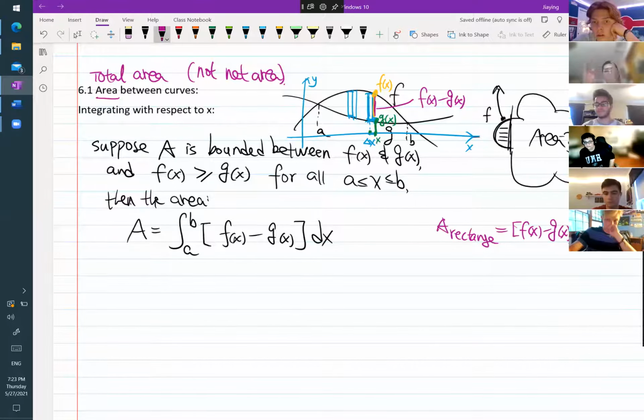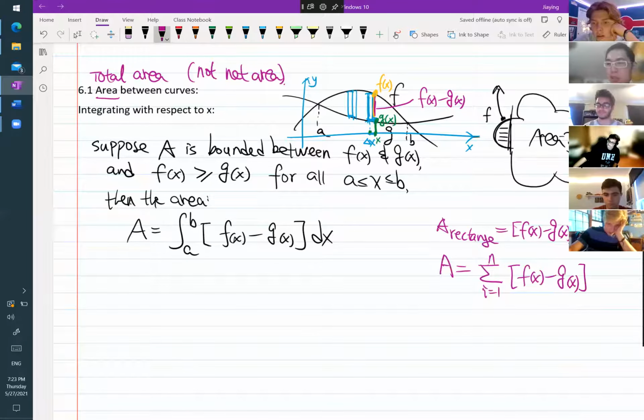But if we add up all the rectangles together, the total area is equal to the summation from i equals 1 to n, or infinity, of these rectangles. So that's a summation of f of x minus g of x, times delta x. That's the total area. But that's not enough. We have to take a limit as n goes to infinity, right?